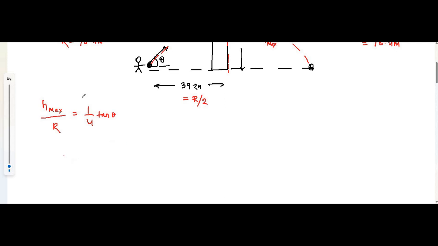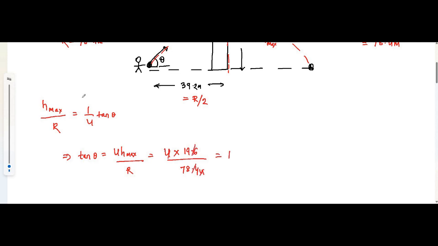That implies tan theta is equal to 4 H max by R, which is equal to 4 into 19.6 by 78.4. So it is coming 1, because this is 4 and this becomes 1.